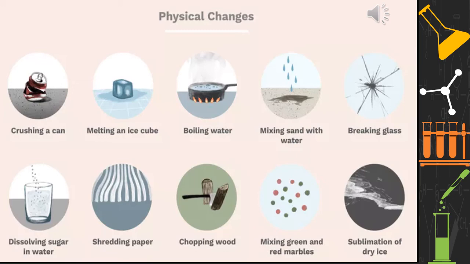Hence, it is a physical change. Sublimation of dry ice. Sublimation is the process in which a solid gets converted to gas directly without undergoing the liquid phase. And when cooled, the dry ice again comes into its solid state. Hence, sublimation is also a physical change.